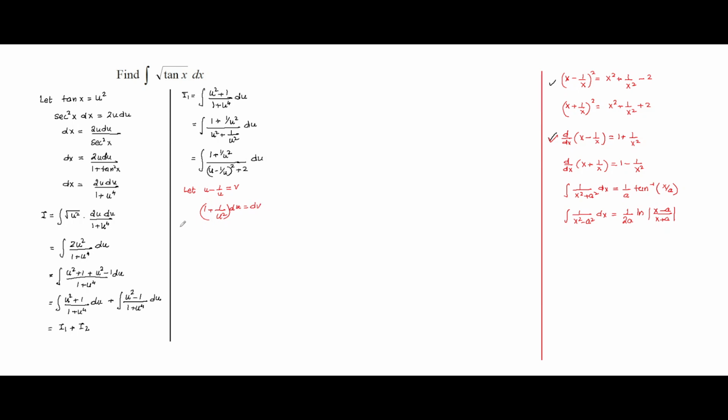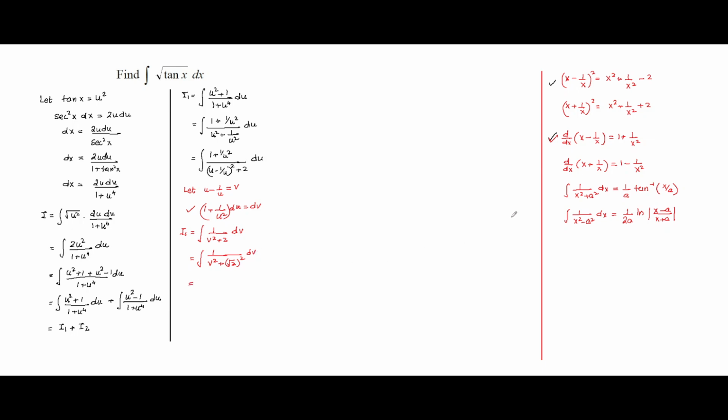Now we shall substitute in this. So we have I1 is equal to integral. Now the denominator becomes v squared plus 2, and the numerator along with du, which is this, becomes dv. Now this looks like 1 over v square plus square root of 2 whole squared dv.